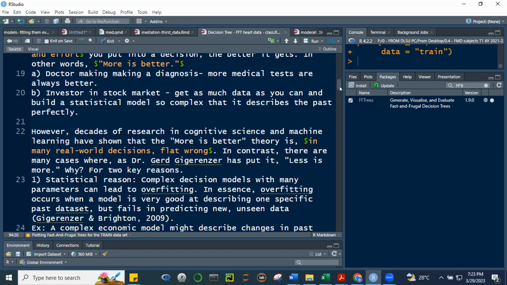So sometimes we use yung mga models na ganito based on the more is better theory. Okay, tapos pag pinapredict na yung mga actual na data, yung data that has not yet been seen by the model, mali yung model. Okay? That's why si Gigerenzer, he espouses the belief that less is better.